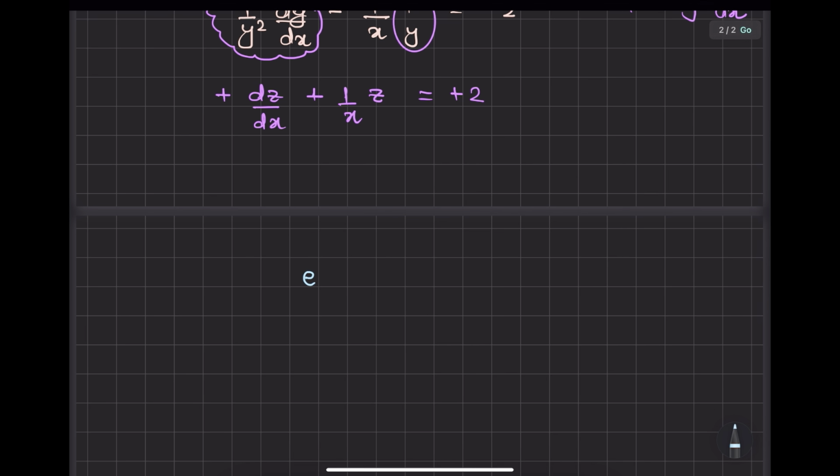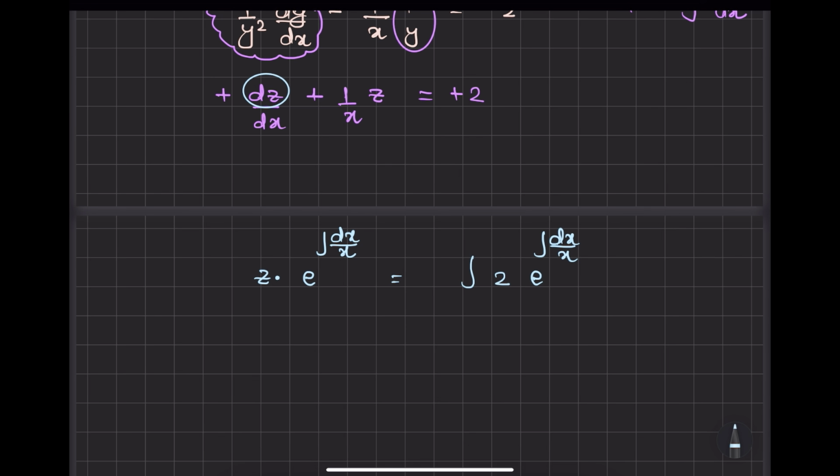So we have e power integration of p of x dx, which is e power integral of dx by x, and then we have this is z, so here we will not write y, we will write z. And then we will write over here 2 and the whole integration.